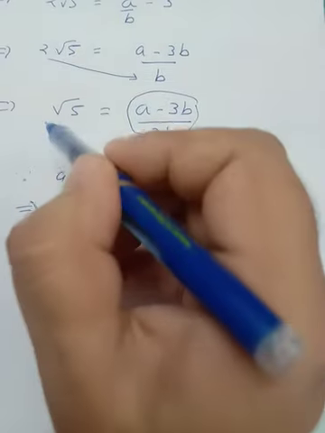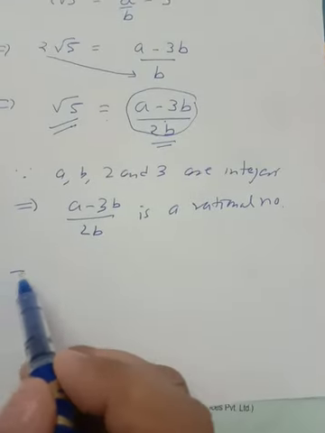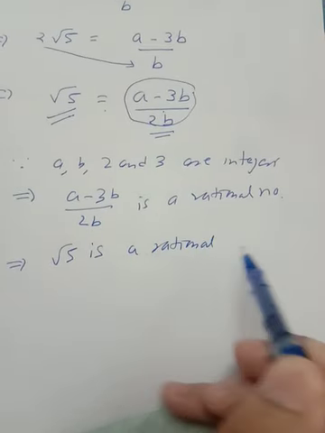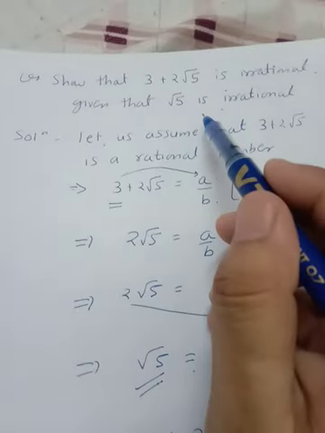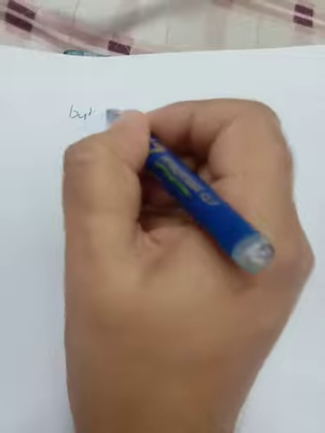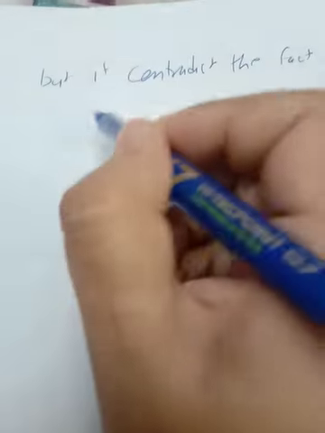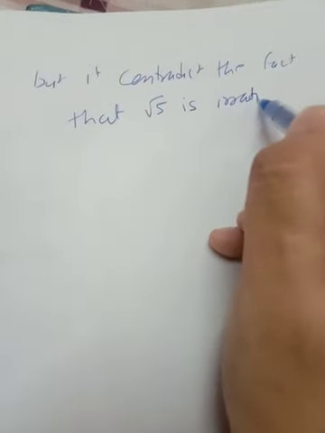So if this is rational, it means this is also rational because the right hand side equals the left hand side. It means root 5 is a rational number. But what happens? It contradicts the given fact that root 5 is irrational.